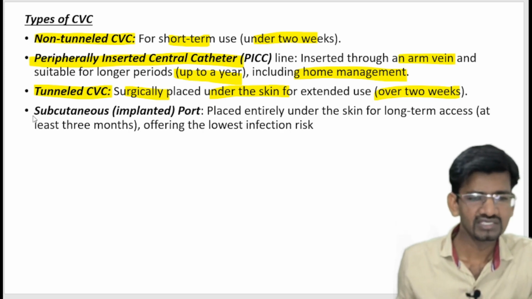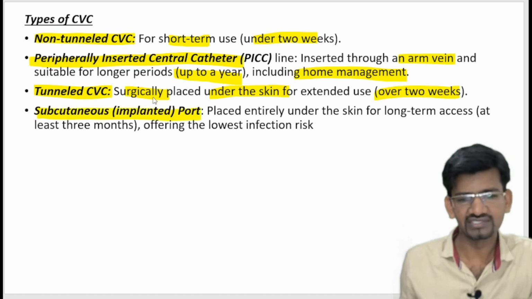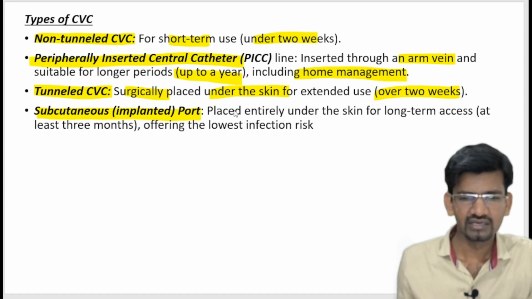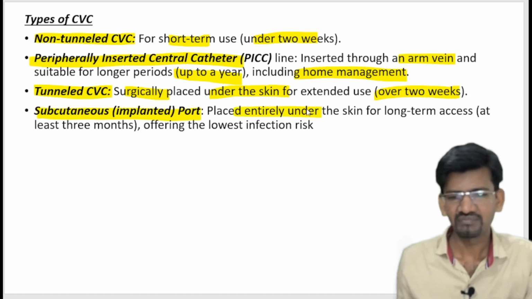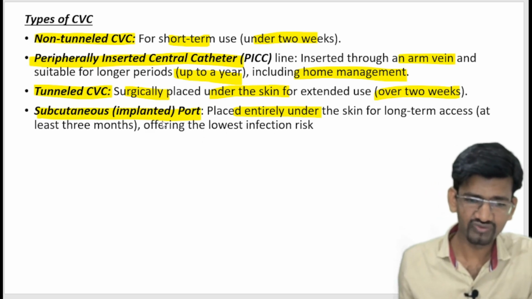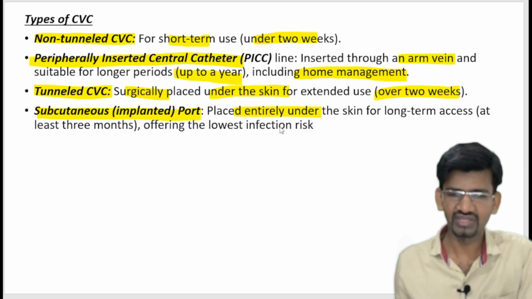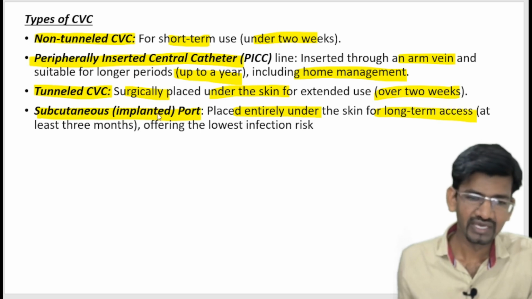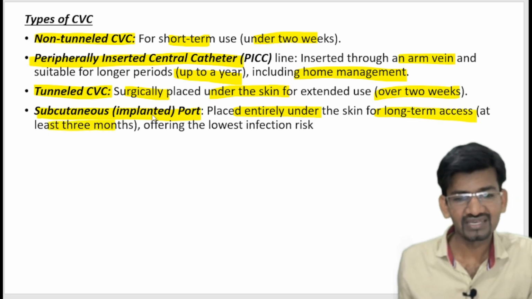Then the subcutaneous implants, or what we call implanted ports. Implanted means we will keep these ports under the skin, in the subcutaneous tissue. They will have a venous access. This is used for long-term access, like more than 3 months.